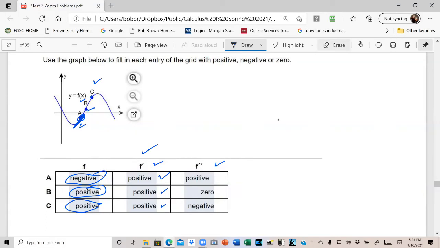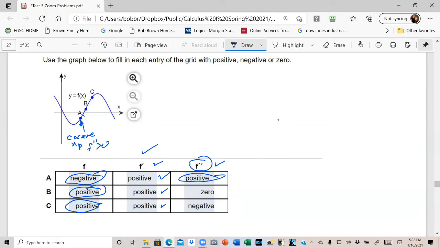Now, let me erase it a little bit, and look at the second derivative. At A, it's concave up, so the second derivative of f is more than 0, so it's positive.